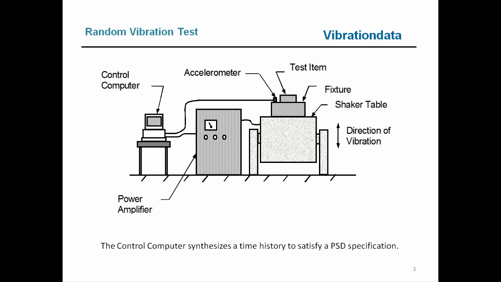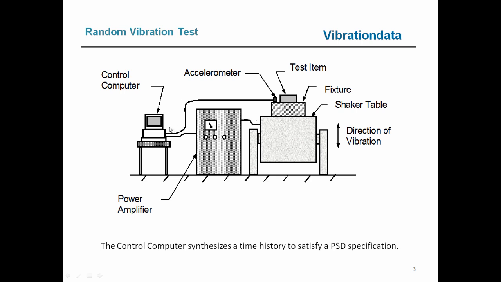And actually it has to do another step yet, because what the control computer does at the onset is send a very low-level signal through the power amplifier into the shaker, and that gets picked up by the feedback accelerometer. So there's a control loop calibration process that goes on.